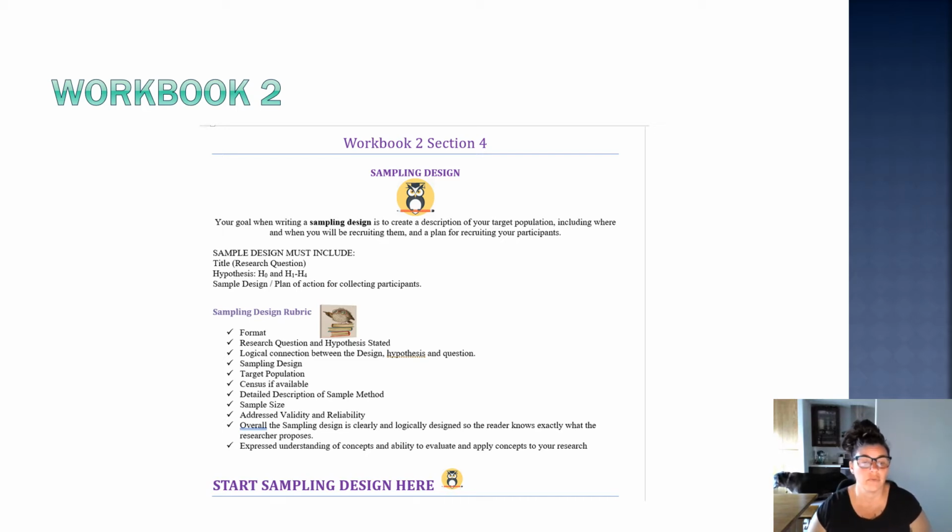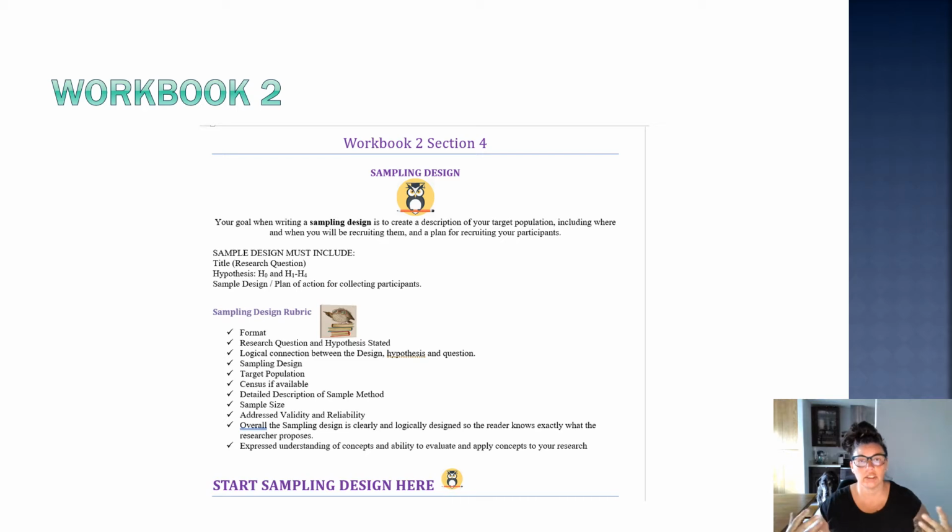This owl right here tells you how to grade it once you're done. So, did you have your research question and a hypothesis? Is it logically connected, designed to the hypothesis and the question? Is it an actual design? Sometimes people want to just answer the questions. That's not a design.